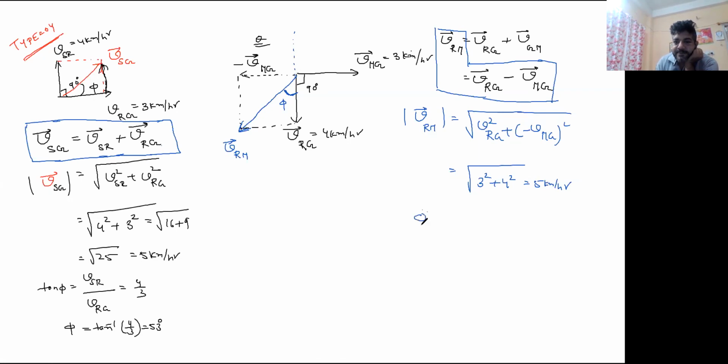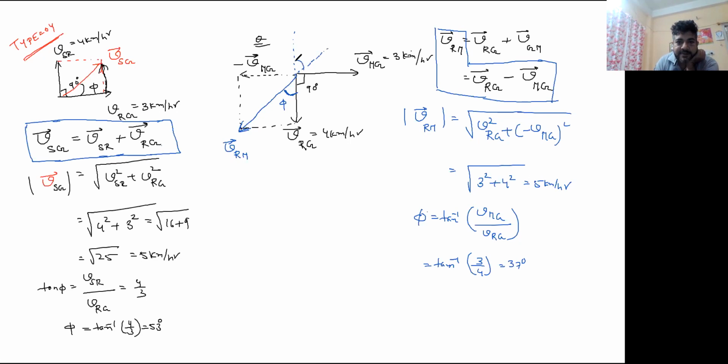And phi is tan inverse of velocity of the man with respect to ground over velocity of the rain with respect to ground, that is tan inverse 3/4. That means tan inverse 37 degree.